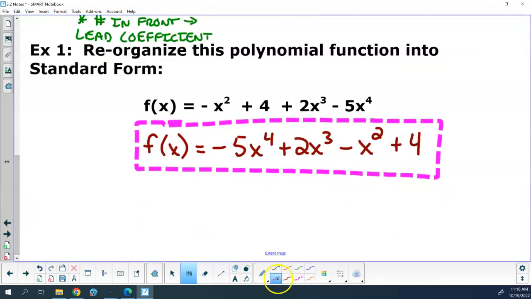What is the degree? Or what is the lead coefficient? Negative 5. Okay.